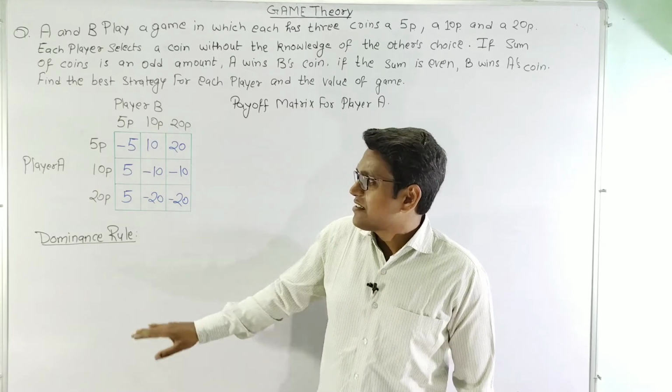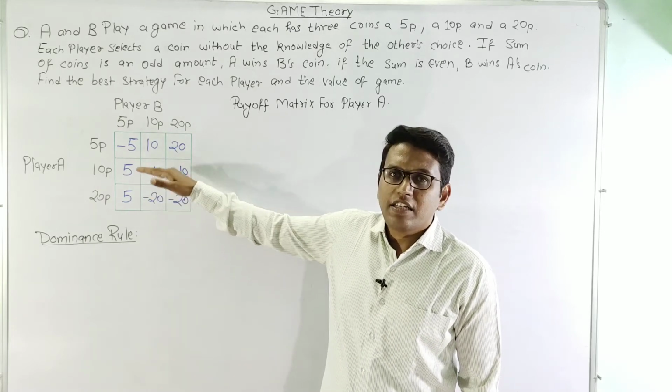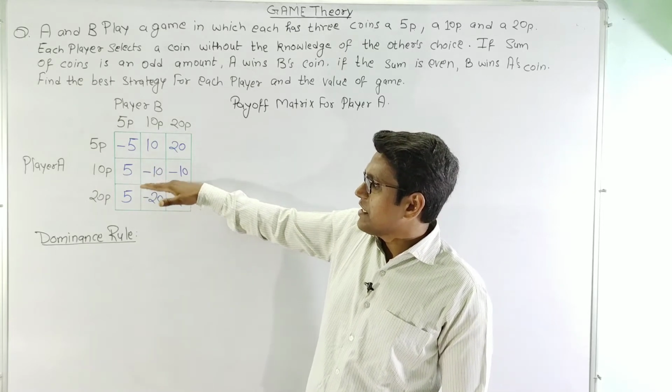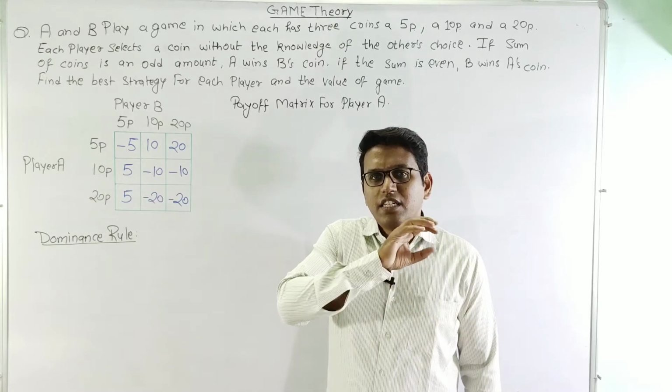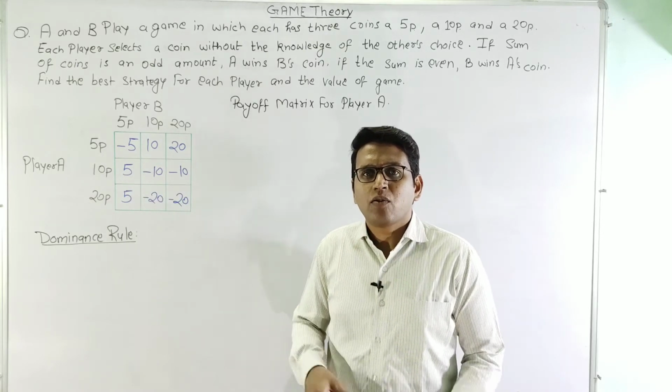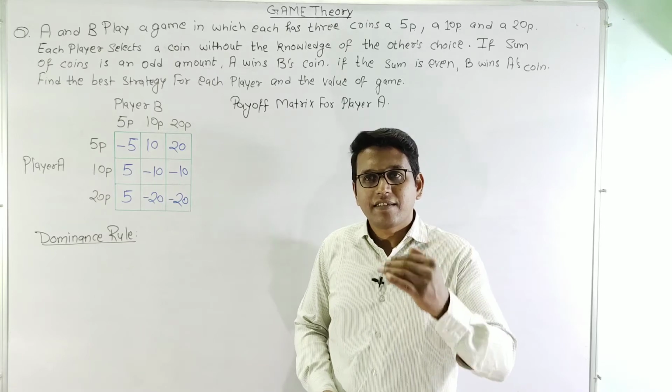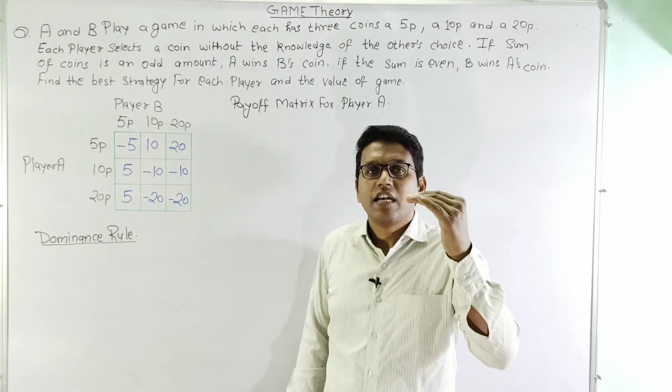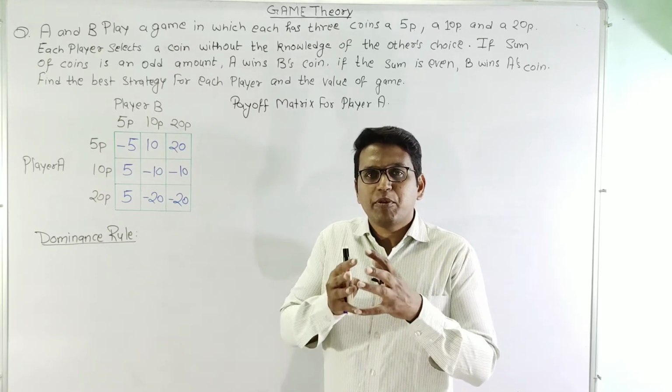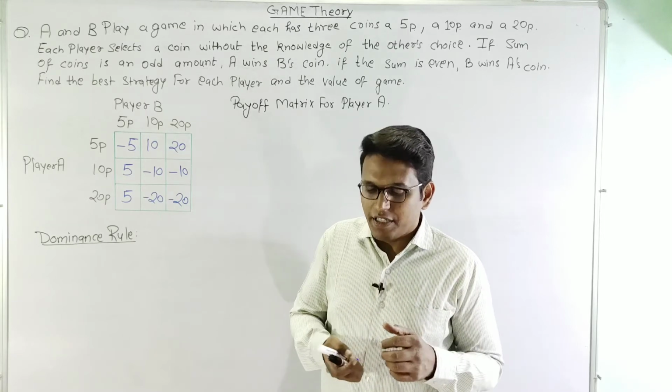So if there is any row which has each element of that particular row inferior or lesser than any other existing row, then that particular row is dominated.